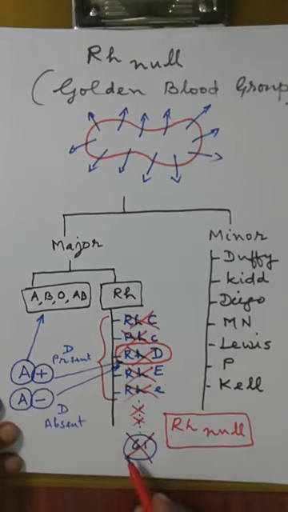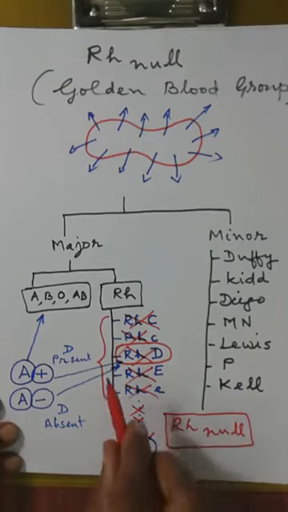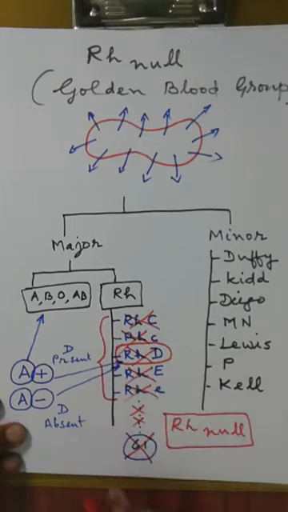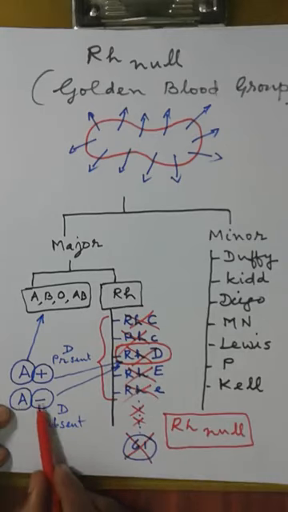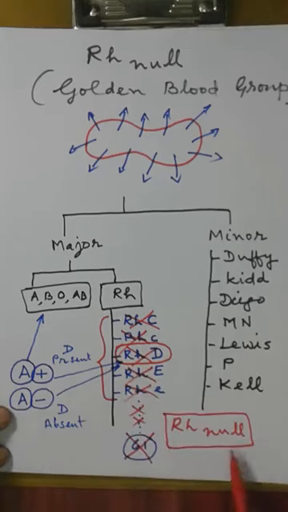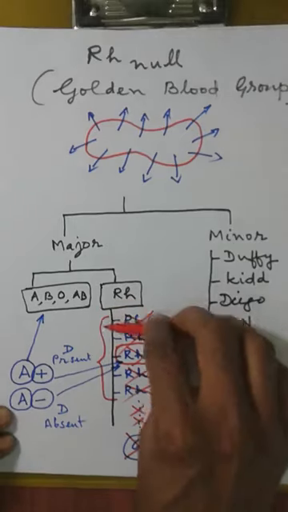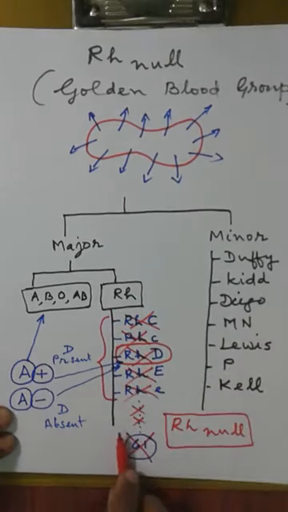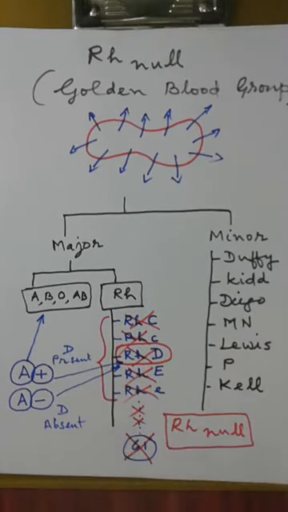Nothing is present. In that case, the person will be called an RH null person. Simply, if you say A minus, it is only RHD not available. RH null is one or two grades up. In RH null, nothing is present. This is RH null.